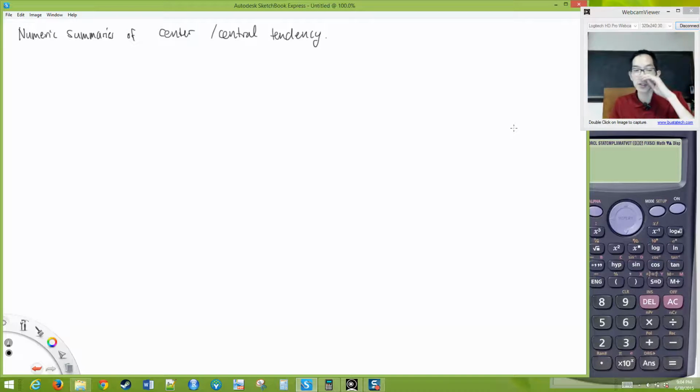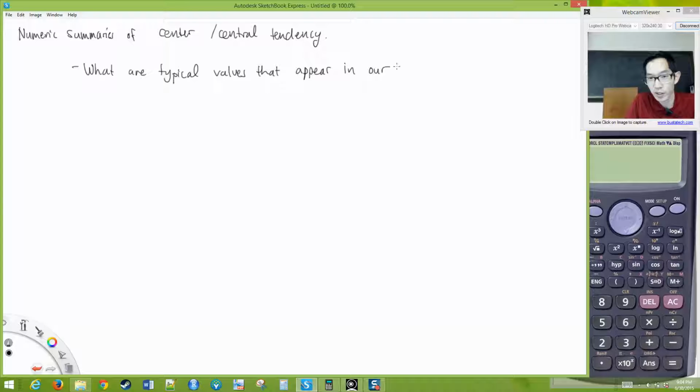When we talk about summaries for center and central tendency, we're talking about a numeric variable, and we want to get an idea of what numbers are typical values that appear in our data. So we're asking what are typical values that appear in our data, okay? And essentially, is there a central number?